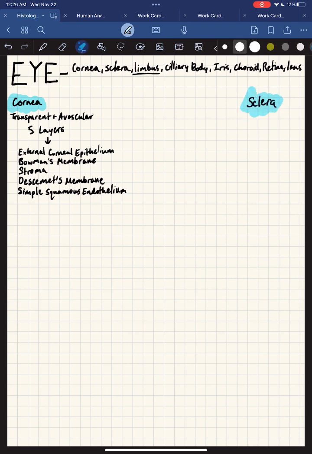Now the sclera, its purpose is to provide an attachment site for the ciliary muscle.